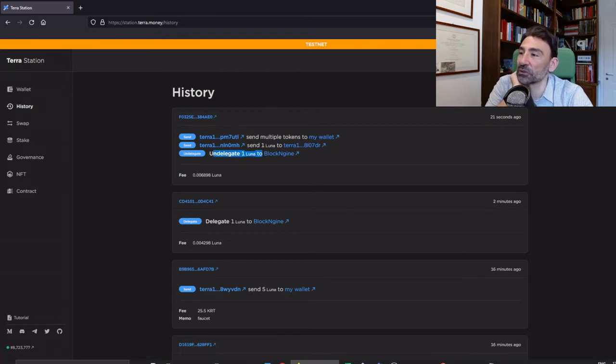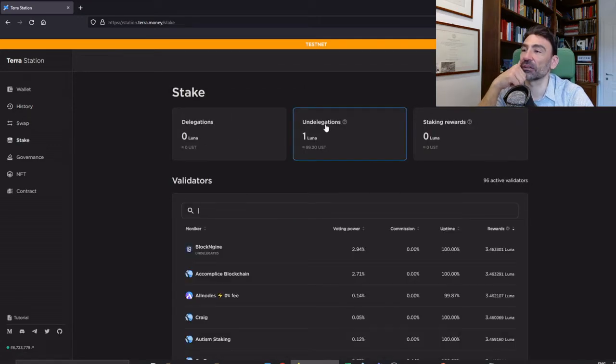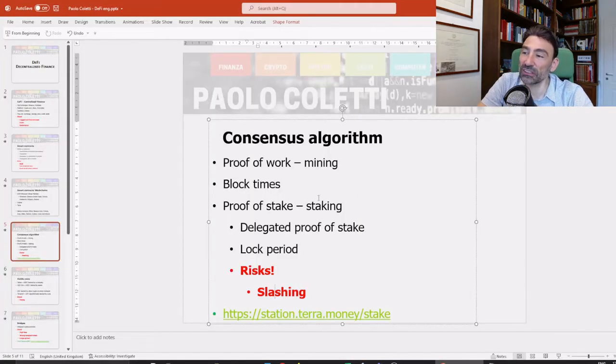There is a transaction which sends back 1 Luna, and this 1 Luna is now back in my wallet, but it's not available for 21 days. Delegation: currently I have an undelegation in progress. Consider that 1 Luna is worth $100. So I have undelegated. Very well. So this is how proof of stake works.